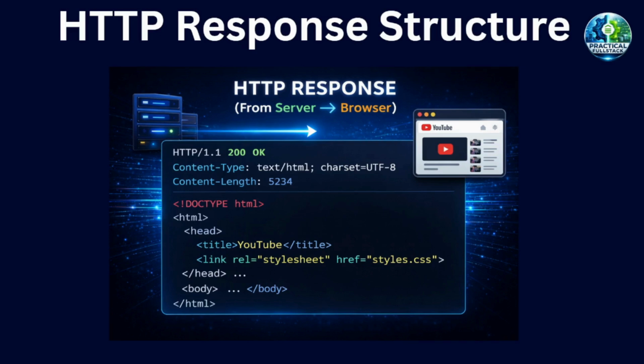Then the Content-Length header indicates the size of the response data. After the headers comes the response body. This is where the actual web page content is sent. In this example, the server sends HTML code that defines the structure of the web page, including the title and a link to a CSS style sheet. Once the browser receives this response, it reads the HTML, loads any CSS and JavaScript files, and then renders the final web page that the user sees.